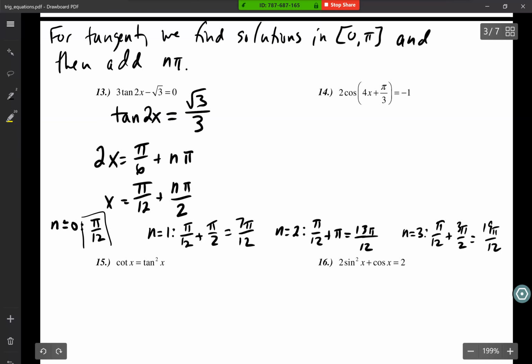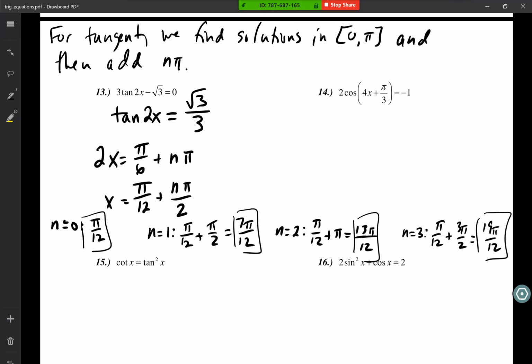Now I'm done. I have these 4 solutions. I can tell that I'm done at this point because if I plug in 4 for n here, I'm going to get 2 pi. And if I take 2 pi plus something, I'm certainly going to be bigger than 2 pi.